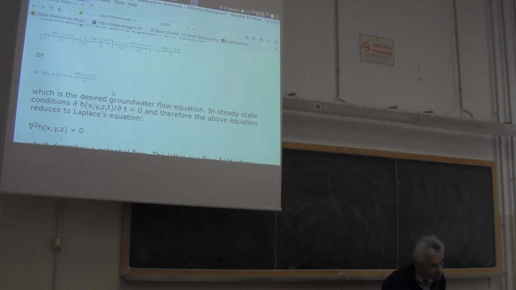Keep in mind that usually when we describe groundwater flow, we refer to a sequence of steady states, and the reason is that the flow is very slow. As I said, changes in time are very, very gradual, and therefore the definition of SS is not strictly needed.